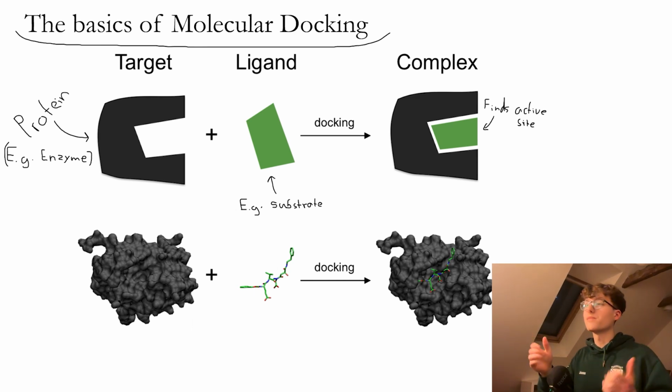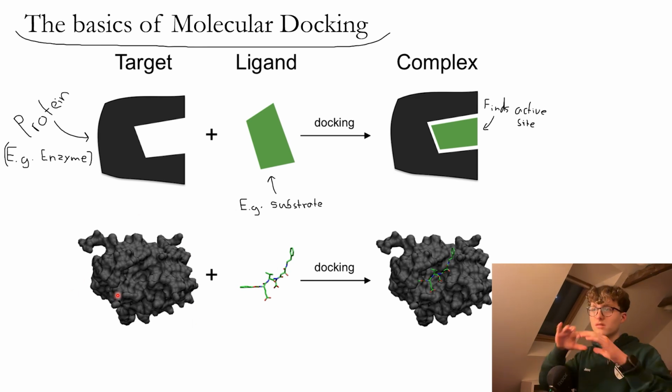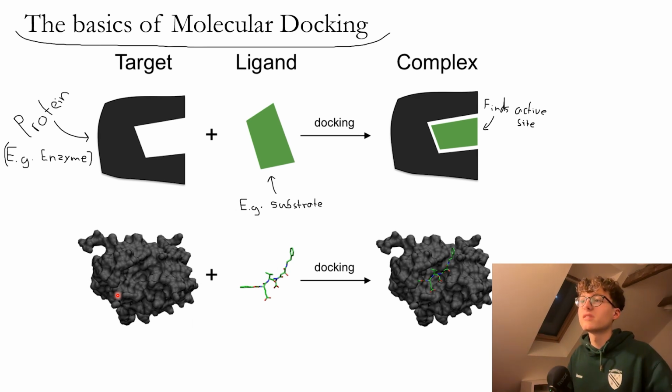And that's where you can see we have this incredibly complicated three-dimensional structure of a protein down here. And I'm just going to use a laser pointer. So we have this protein, which is represented using its atoms and how it occupies some space in the real world. And you can see it has crevices, it has these valleys, and all of these areas are potential sites for some ligand, in this case this molecule right here.